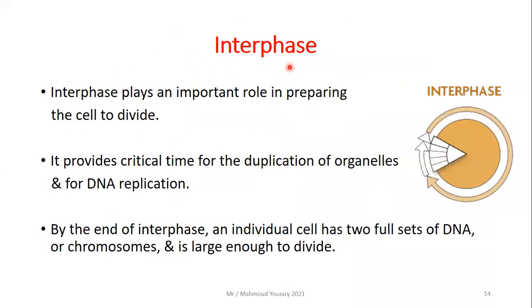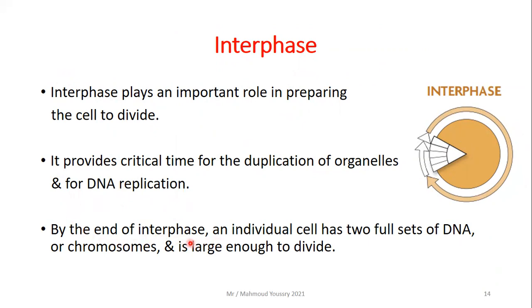Okay, then interphase. Interphase plays an important role in preparing the cell to divide. As you can see, interphase consists of gap 1, synthesis, and gap 2. It provides a critical time for the duplication of organelles and for DNA replication.